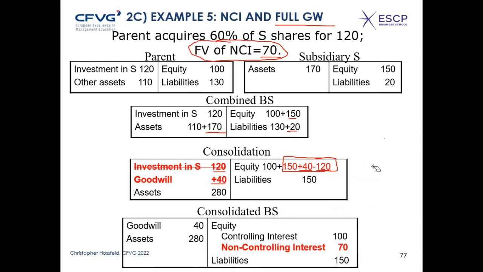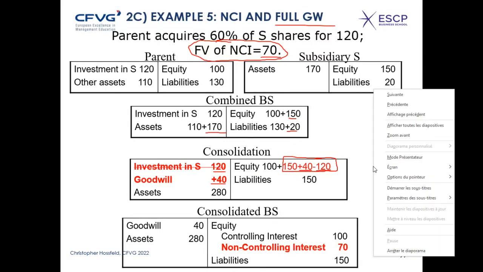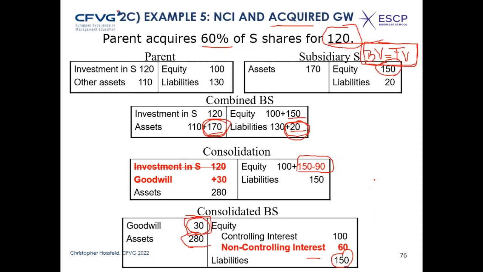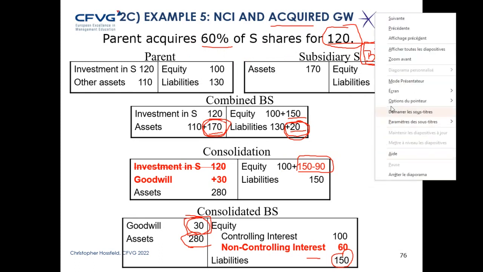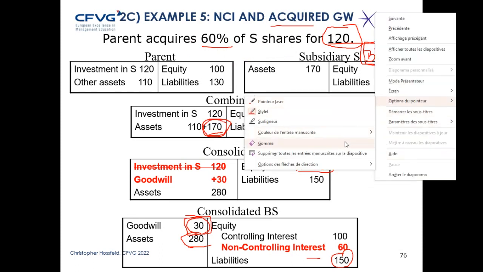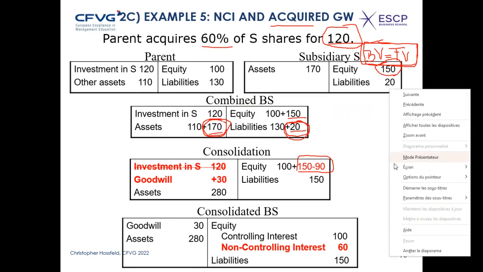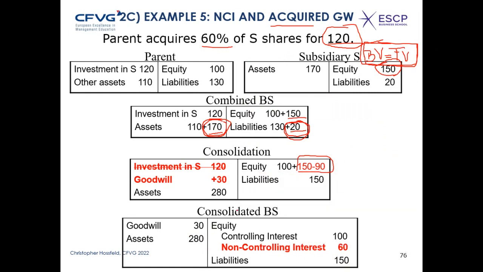Okay, question so far? So let's compare the full goodwill balance sheet that we have here and the acquired goodwill balance sheet that we have here. What are the differences? Well, actually, there are only two differences. The first difference obviously relates to the amount of goodwill.